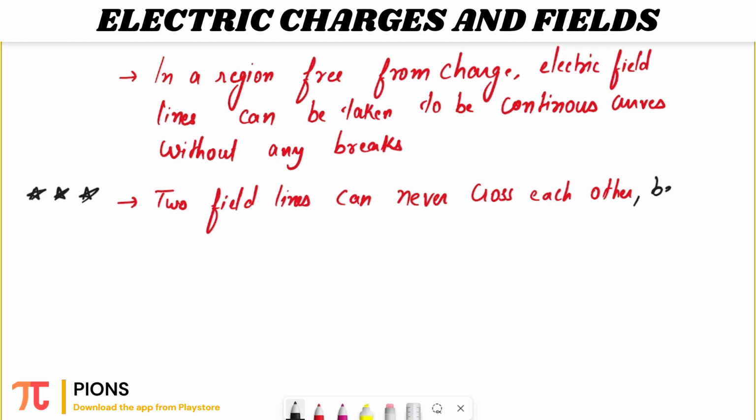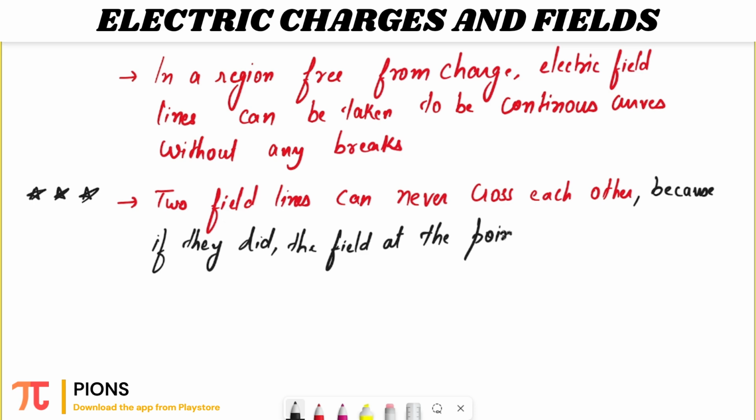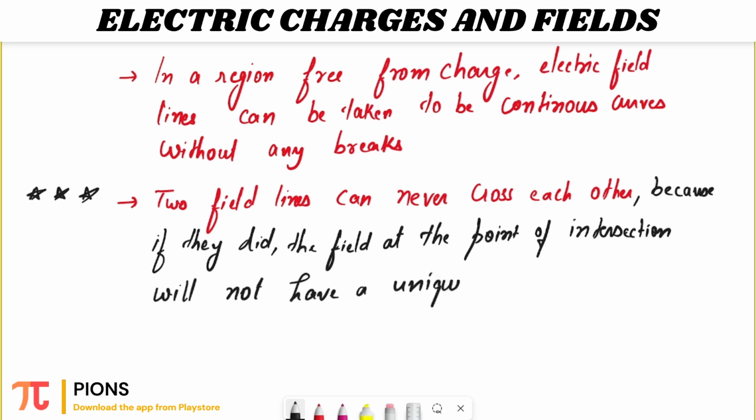The reason is that if they did, the field at the point of intersection will not have a unique direction.